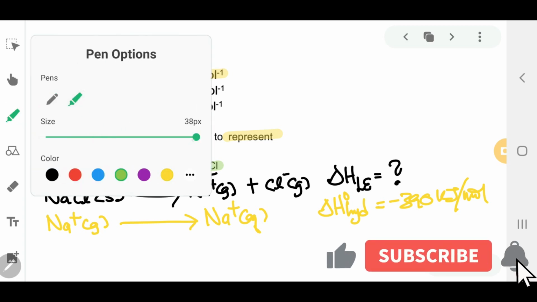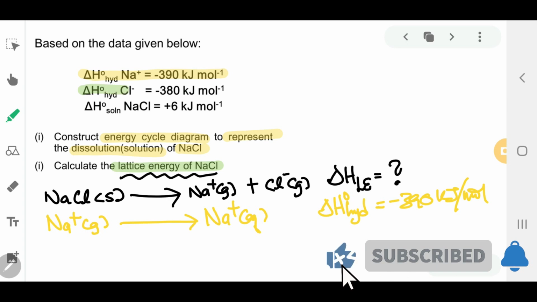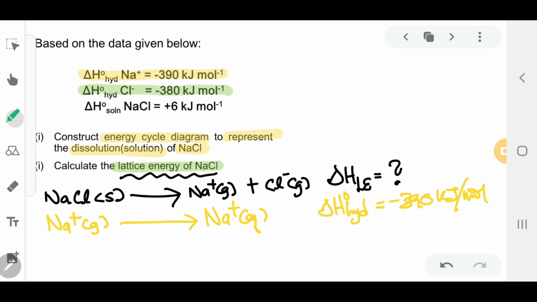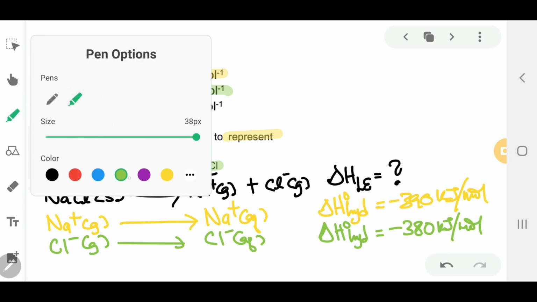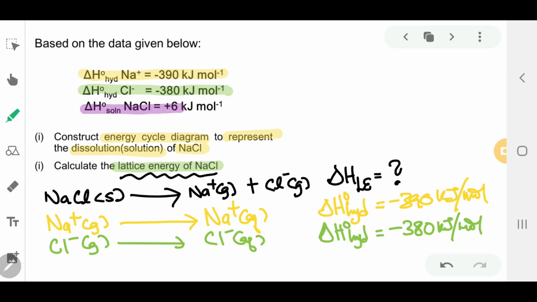Second, or rather third, is the hydration of Cl⁻. So the hydration of Cl⁻ should be Cl⁻ gas going to Cl⁻ aqueous, delta H hydration, negative 380 kilojoule per mole. Okay, and lastly, for solution, you have the enthalpy of solution in purple. So solution is when you have the solid NaCl.